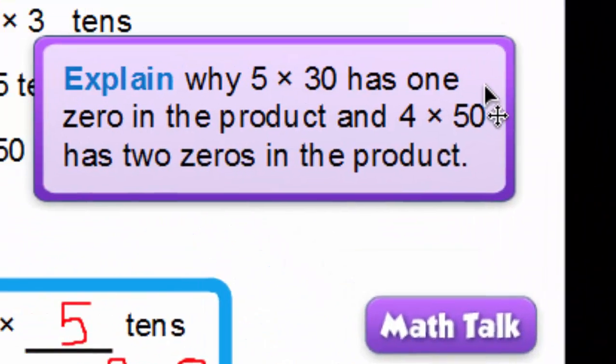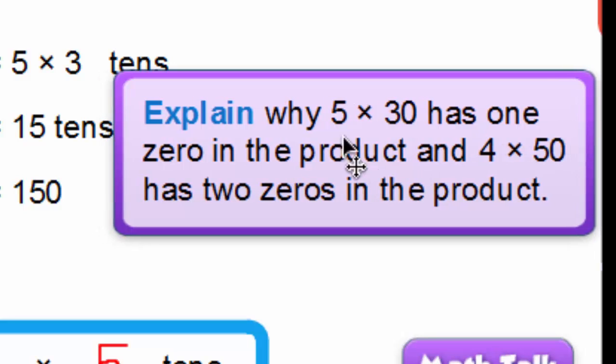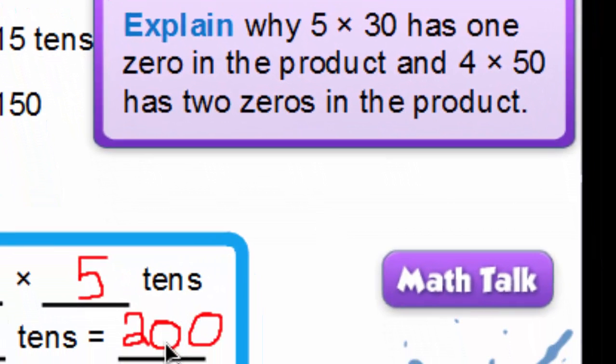Good job. Now I have a math talk, and I want you to just talk to me through the computer, and I can hear you, boys and girls, so do your best. Let's look at the math talk. Explain why 5 times 30, which is 150, has 1 zero in the product, and 5 times 50, which we just said was 200, has 2 zeros in the product.